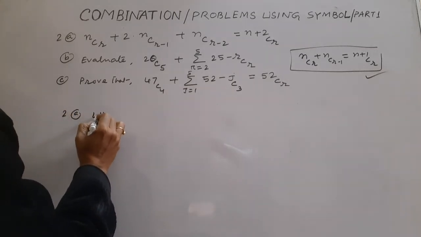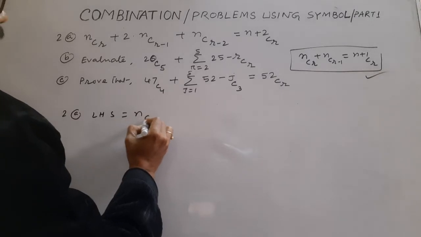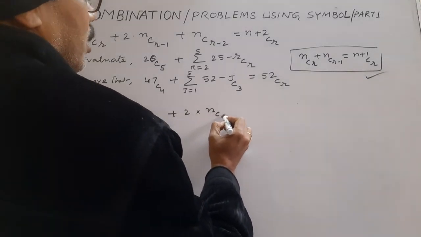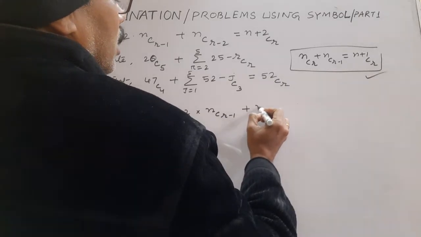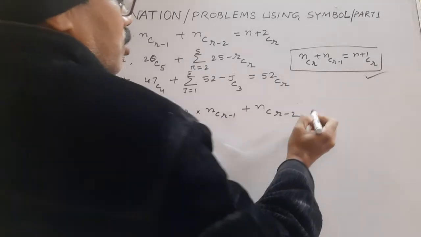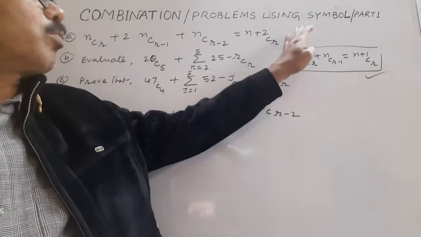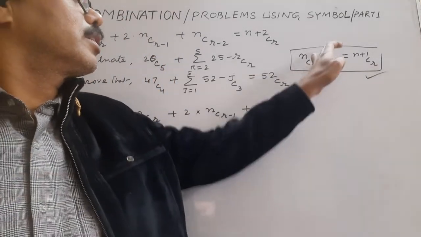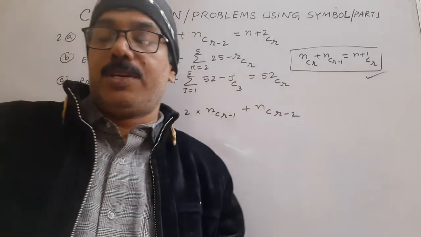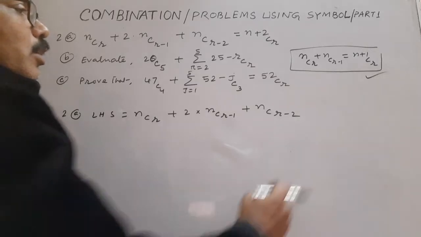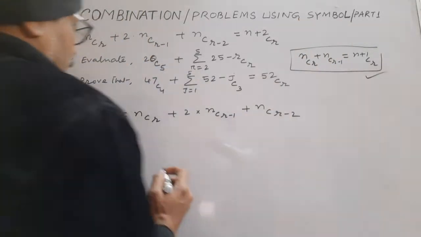So what is LHS? nCr, 2 into nC r minus 1, nC r minus 2. So we can use this formula when the upper limit is same and the lower limit differs by 1 only.